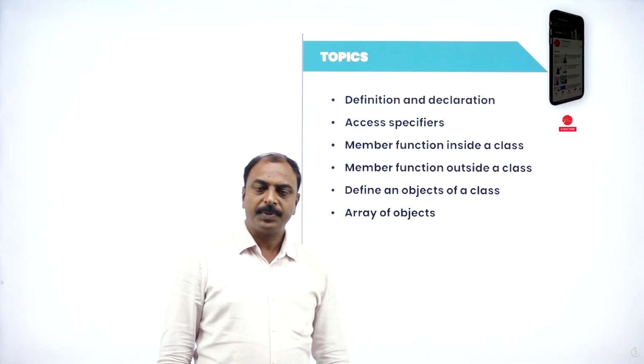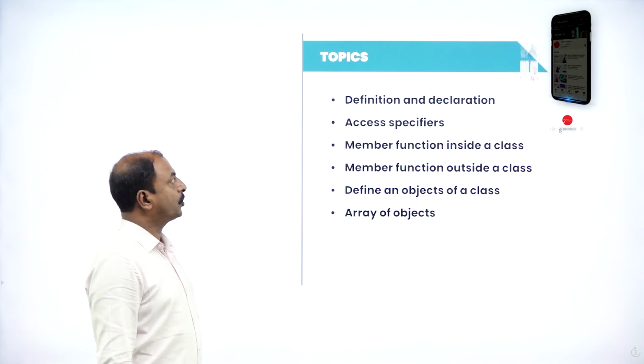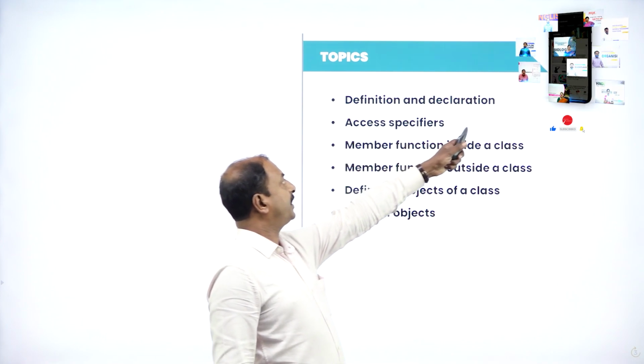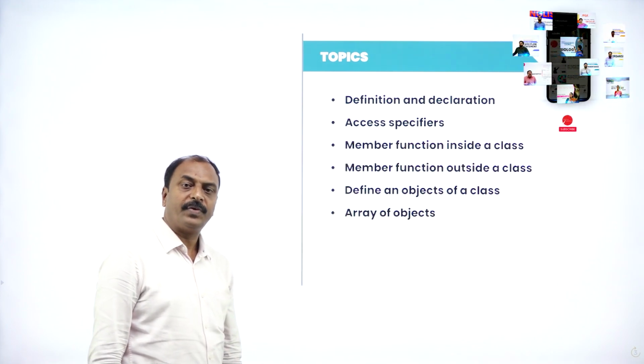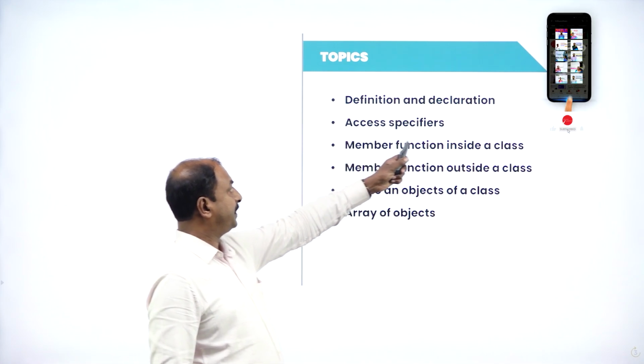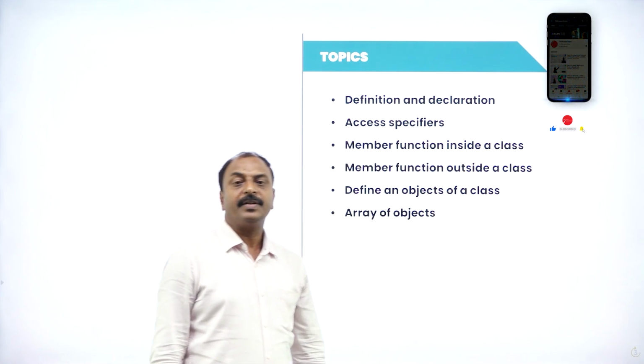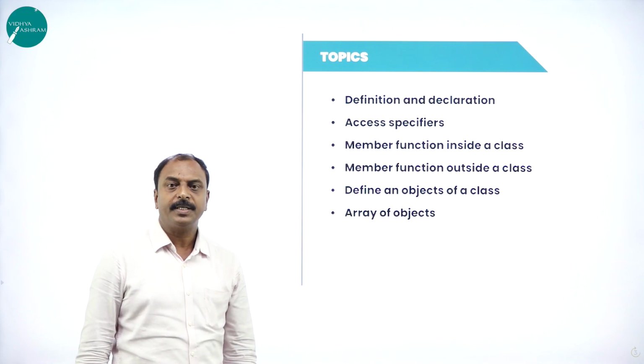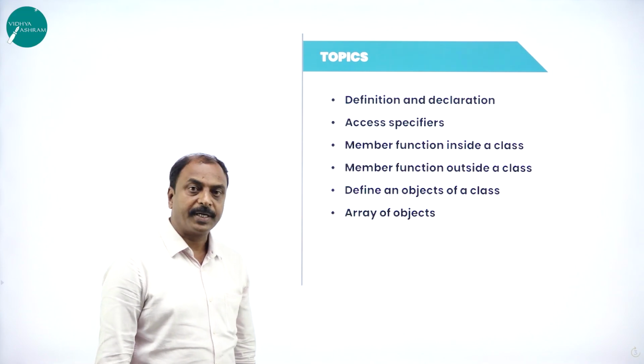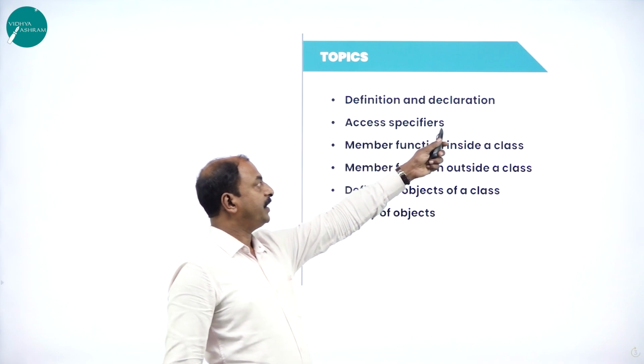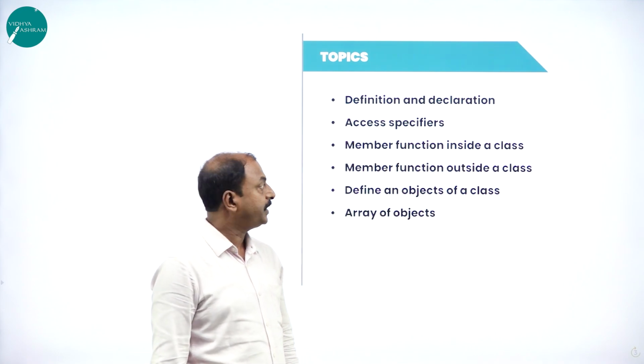Students, in this chapter, we are going to cover the topics definition and declaration of a class, meaning how do we define a class. Then access specifiers. Here we have three levels of specifiers. They are private, public, and protected. We are going to learn the definitions and usage of these specifiers.